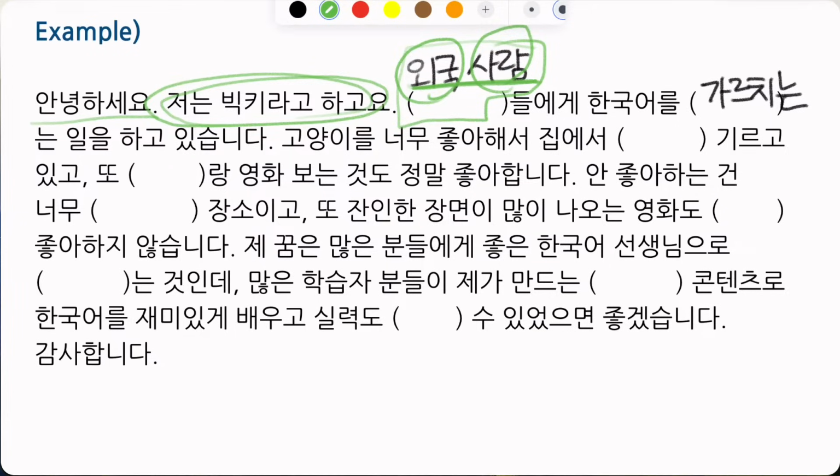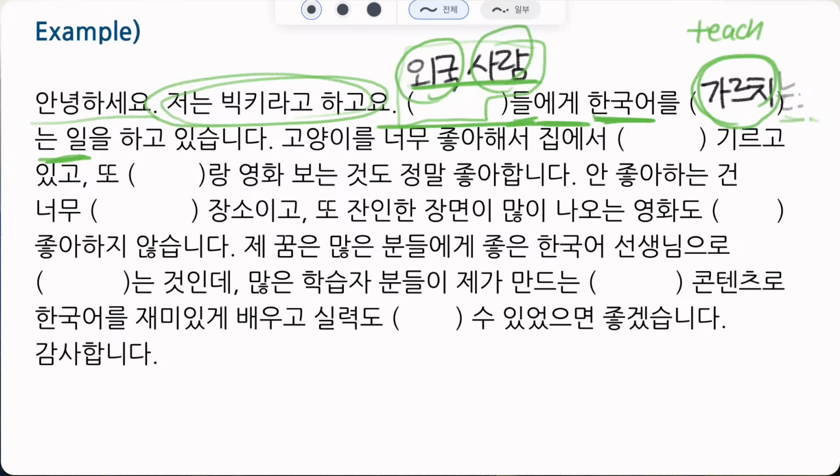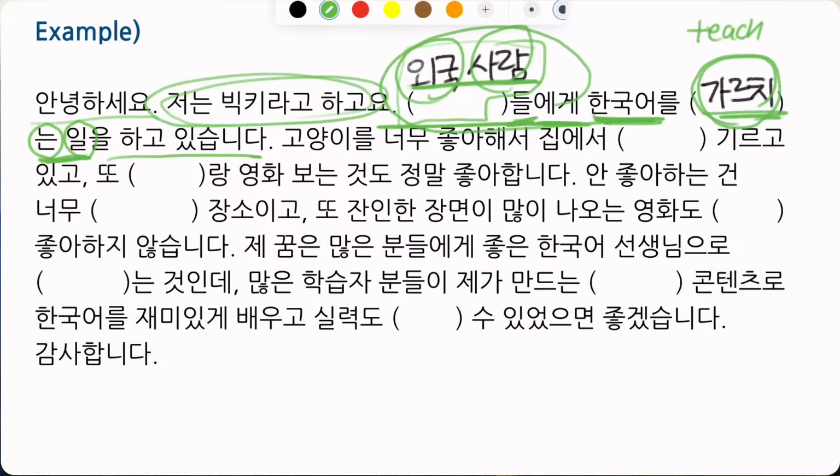So, foreigners, two foreigners. Korean language, 한국어, 가르치다, teach. 는 일, so 는 is already there, so I'll delete 는 here. So work that I teach Korean to foreign people 하고 있습니다. I do. So basically, I'm describing the work that I do, the job that I have in this part.